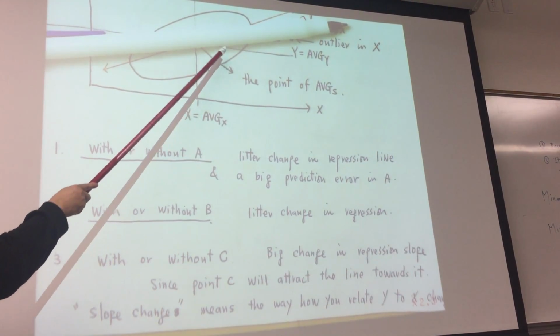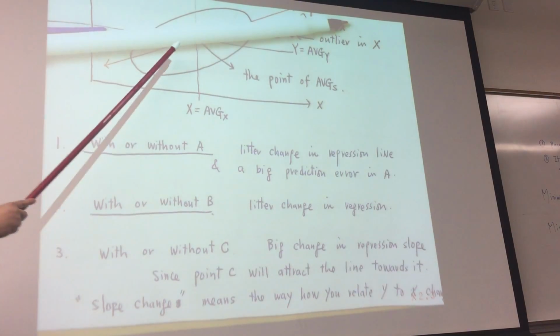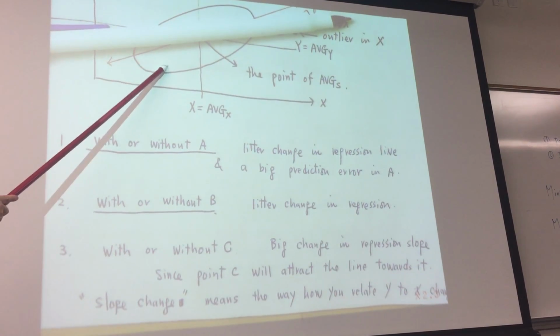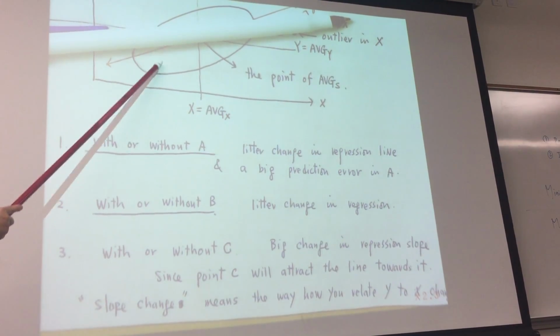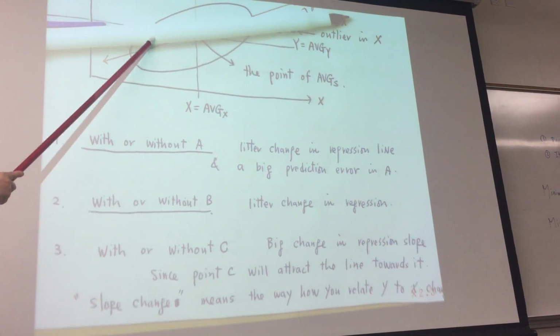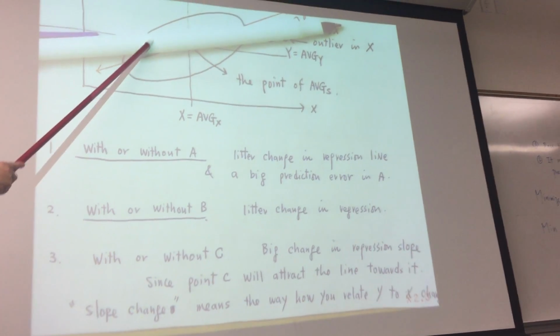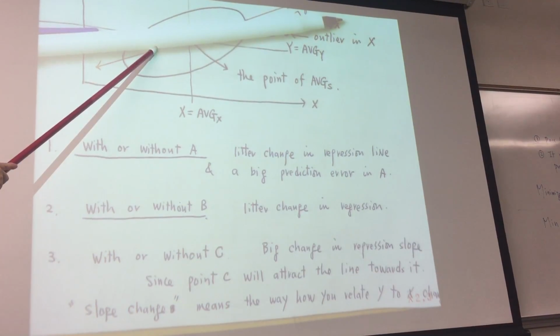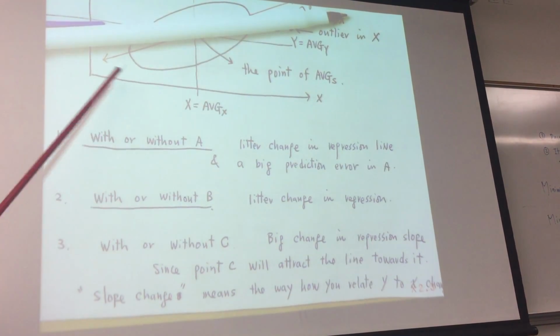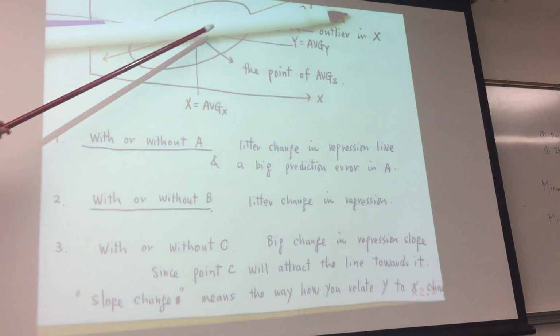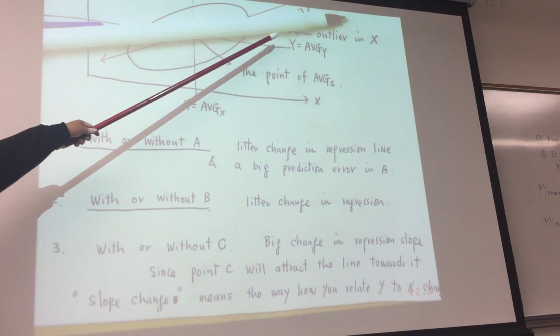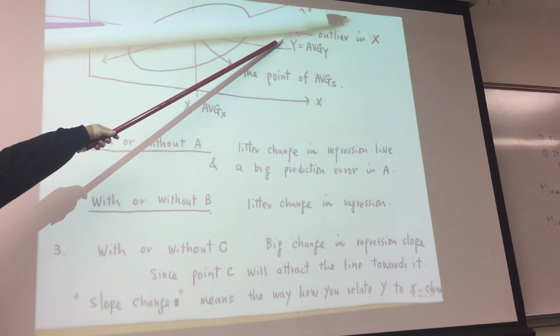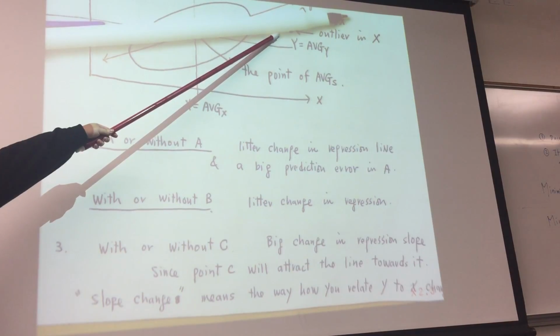The one that increases is compensated by its counterparts. Same thing here. A point here, if you rotate to here, it looks like the distance to the line becomes bigger. But for the point here, the distance becomes shorter. Is that okay? So you don't need to worry about points inside the football shape. All you need to worry about is the line that is close to C, that minimizes the vertical distance to C. Is that okay?